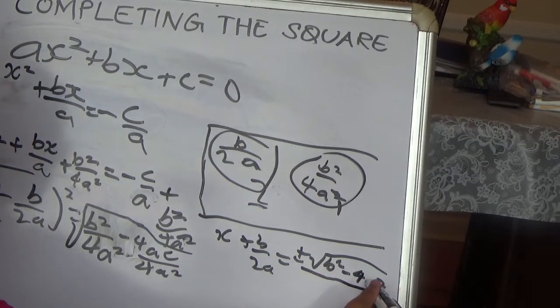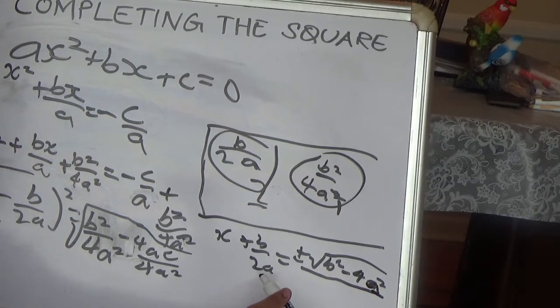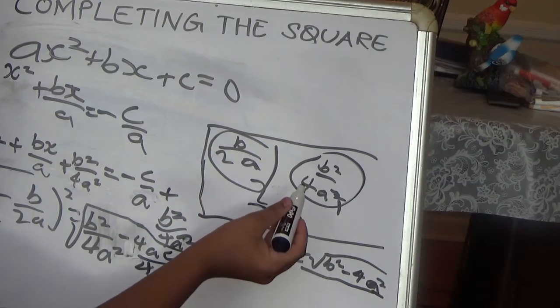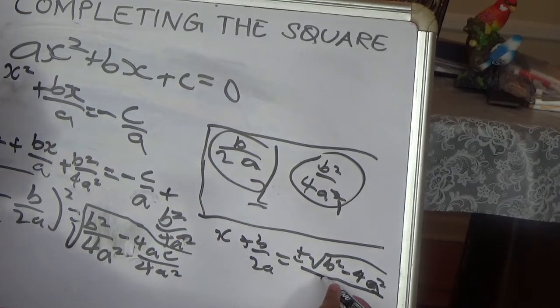You plus or minus because, I explained why you do the plus or minus in the previous example if you're just tuning in. So you take the square root of both sides. As we saw, 2a whole squared is 4a squared, so the square root of 4a squared is just 2a.